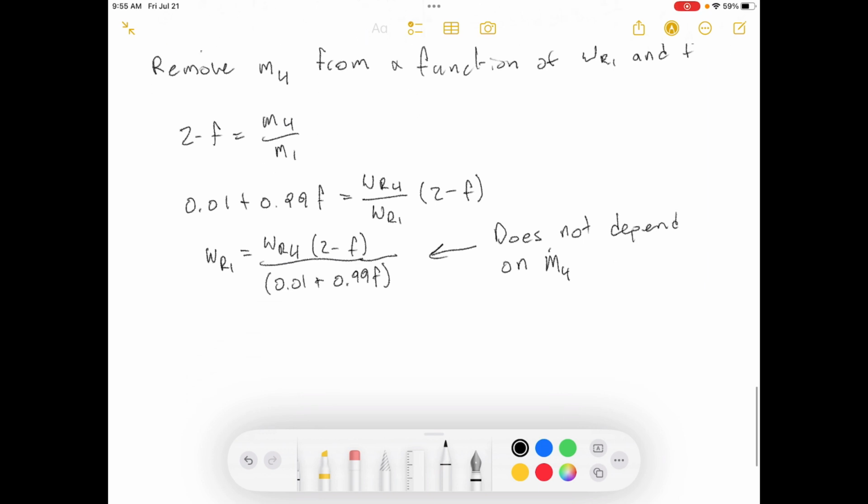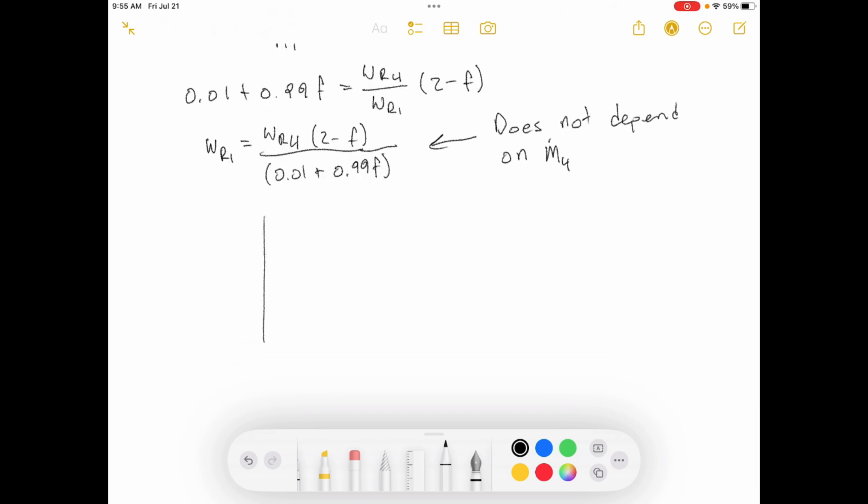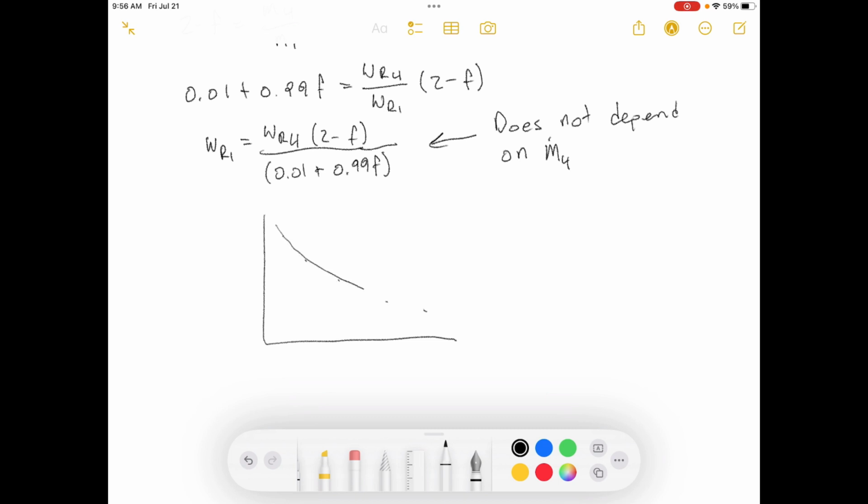Okay, so we're plotting a function. I plotted this function. You should get something that kind of looks like this, where this is F and this is WR1. Okay, where it ranges from about 0.02 to 0.1.